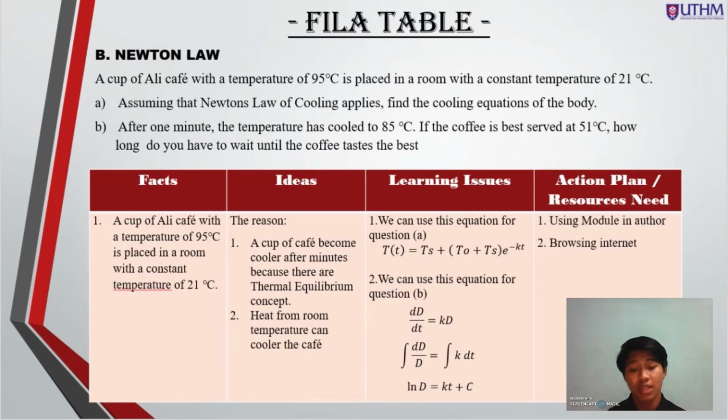So we integrate dT over T equals integrate k dt, and we get ln T equals kt plus c. So let's go to the action plan and resources needed. First, we use the module from the author, and second, we browse the internet.